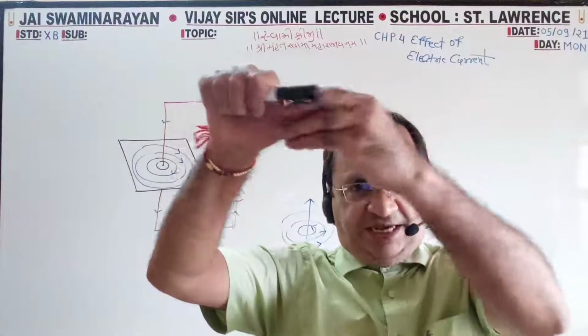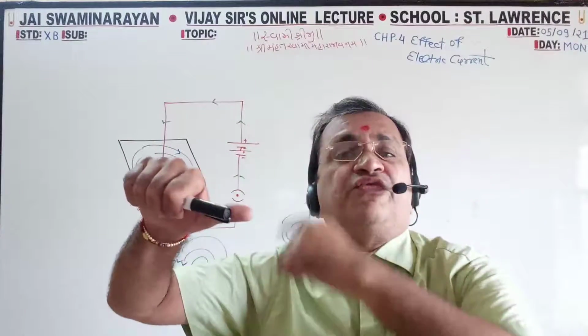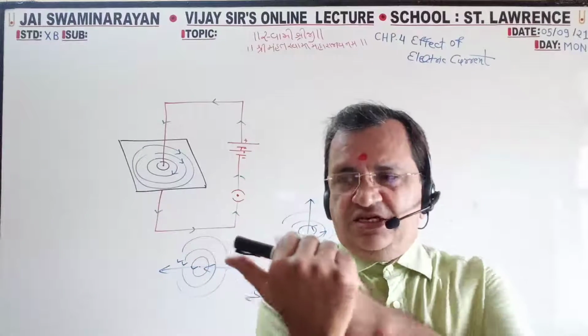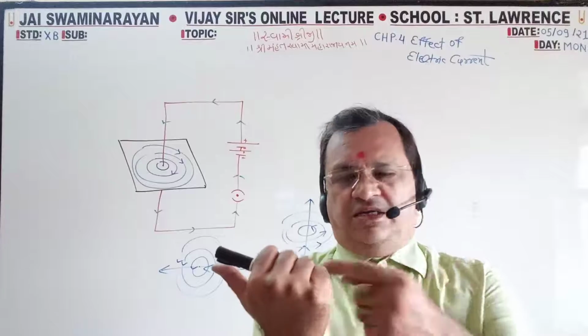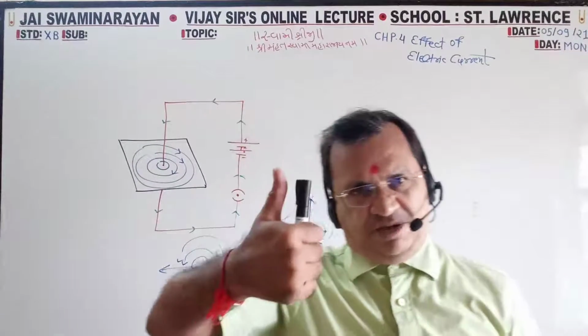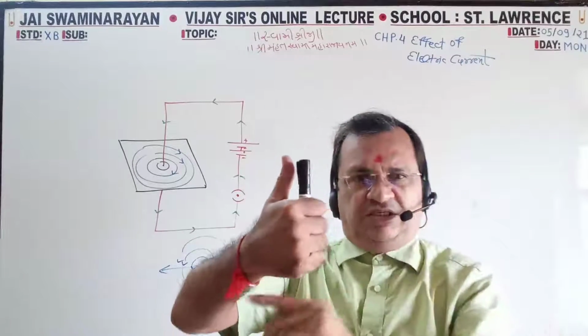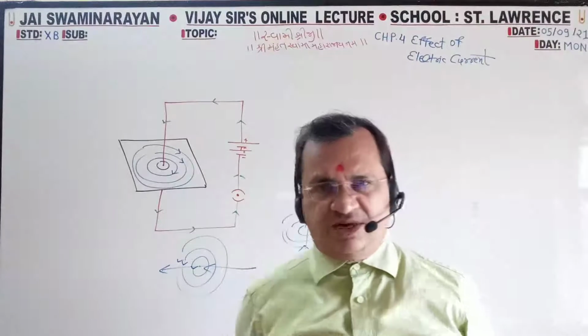So at that time, the thumb shows the direction of electric current and my curved fingers show the direction of magnetic field. If it is like this, again the thumb shows the direction of electric current and the curved fingers show the direction of magnetic field. Thumb always shows the direction of electric current. Curved fingers show the direction of magnetic field.